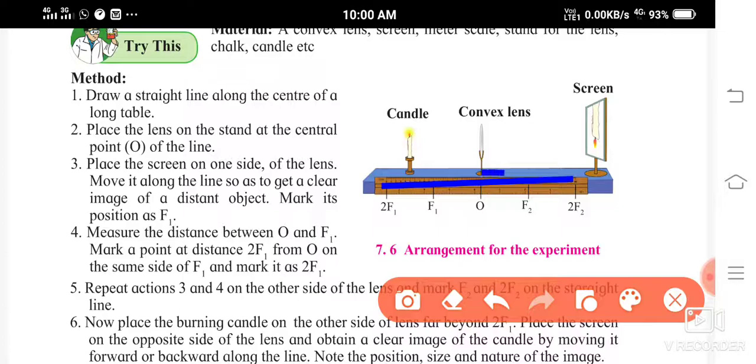You can see here at the center, the convex lens is placed on the stand.